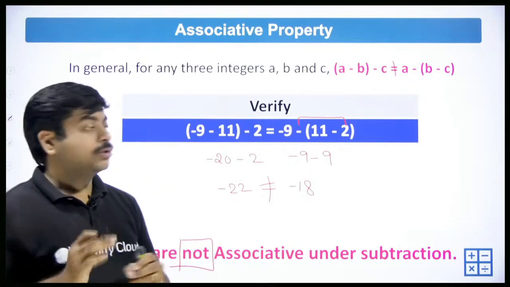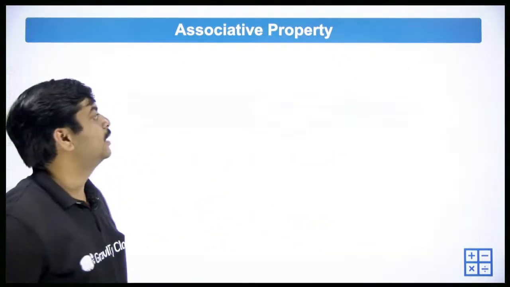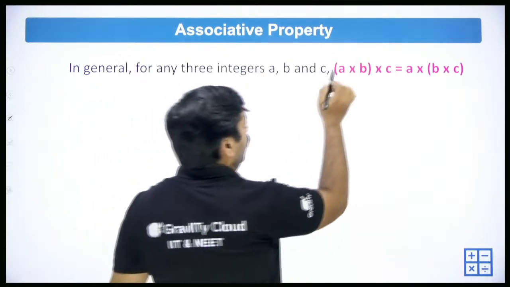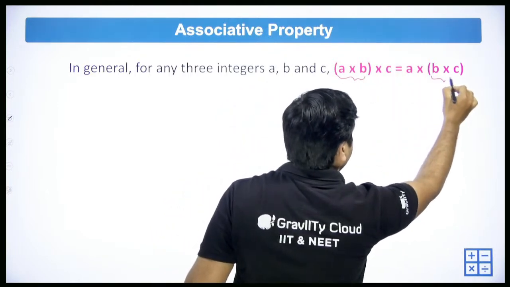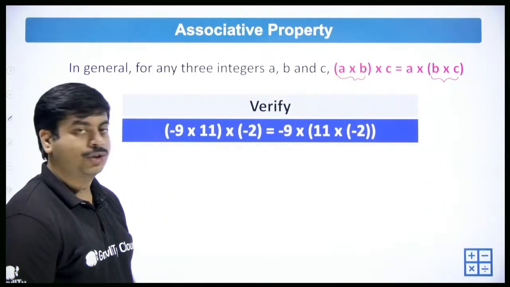The same for multiplication, (a × b) × c and a × (b × c). Let us try to apply that. For multiplication let us find the product of a and b and then with c, or the product of b and c and then with a. Let me take a small question.